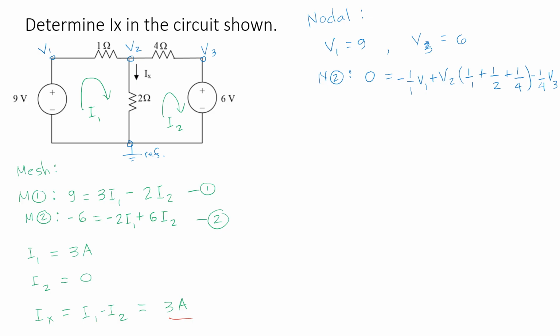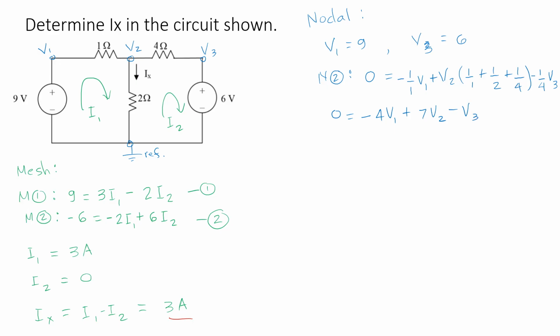And in simplifying this equation, we can actually multiply the entire equation by 4, giving us 0 is equivalent to negative 4V1 plus 7V2 minus V3.